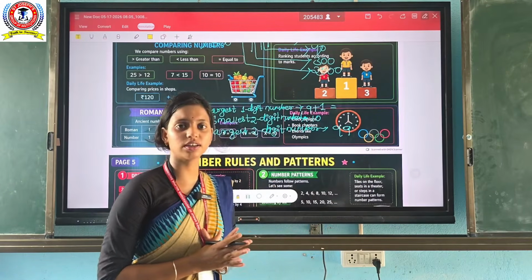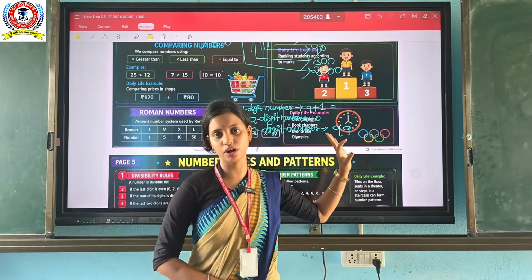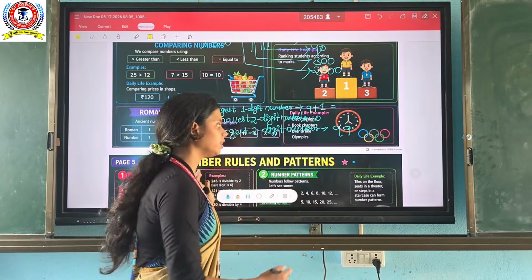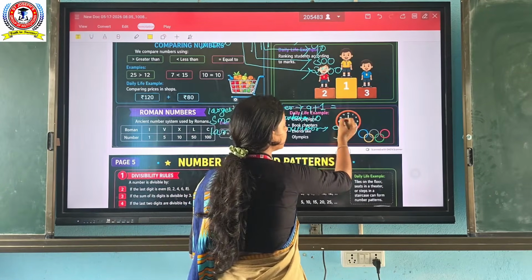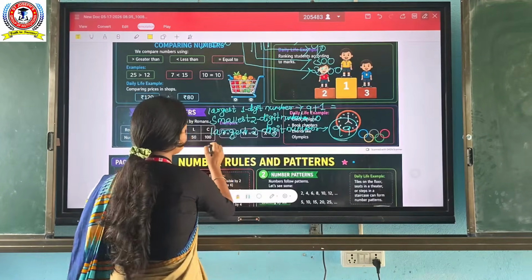99 का successor क्या है? 100. Which one is the three digit number? So 99 is the largest two digit number. When we add 1 to this largest two digit number, we will get the smallest three digit number.